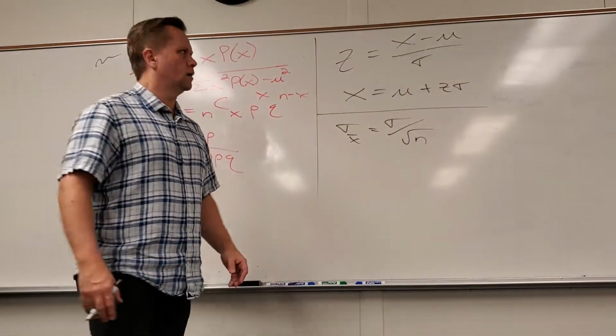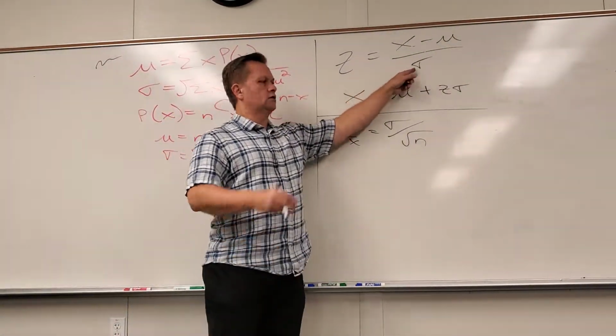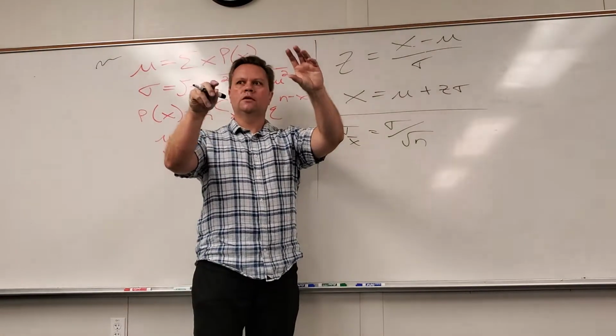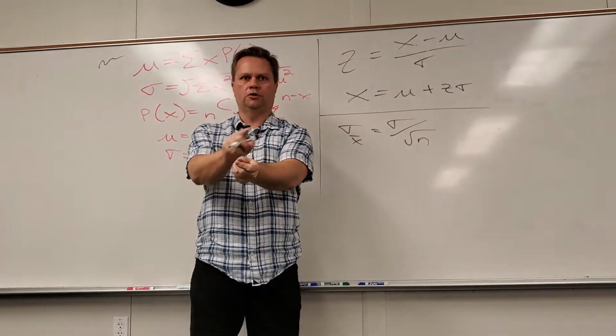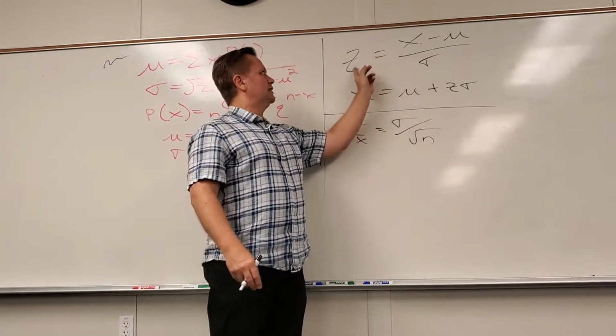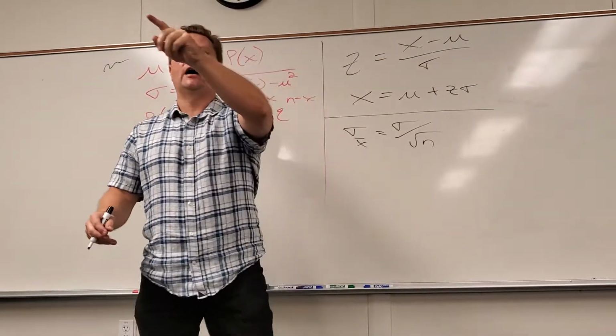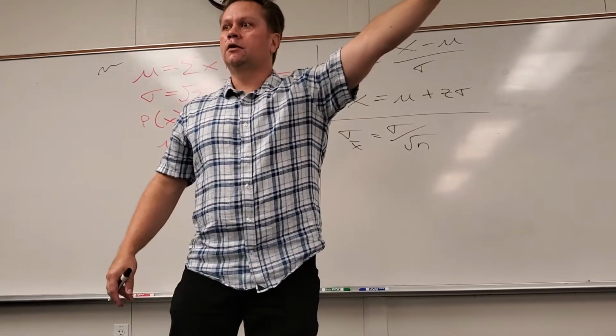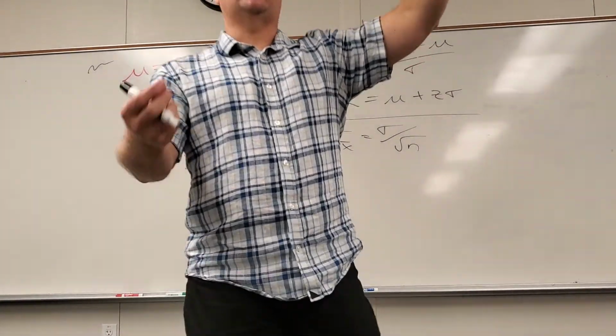So again, standard deviations are like tick marks on a ruler. The z-score is putting the ruler down and saying it's 5 inches away. So a z of 5 would actually mean it was 5 standard deviations. And you can tell me right now, is that far?